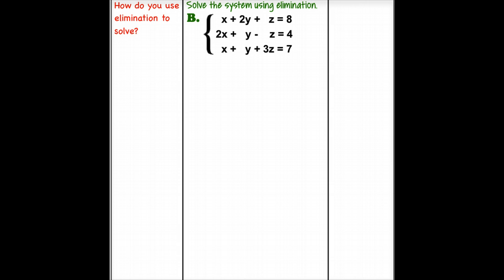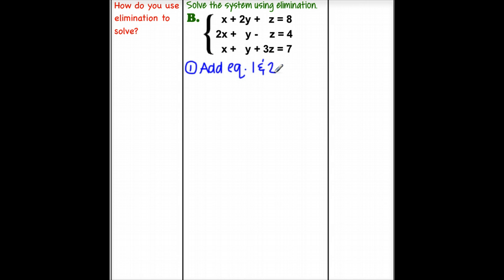So we want to use elimination. And when I look here, I immediately notice that if I start by combining or adding equations 1 and 2, I'm going to eliminate z.